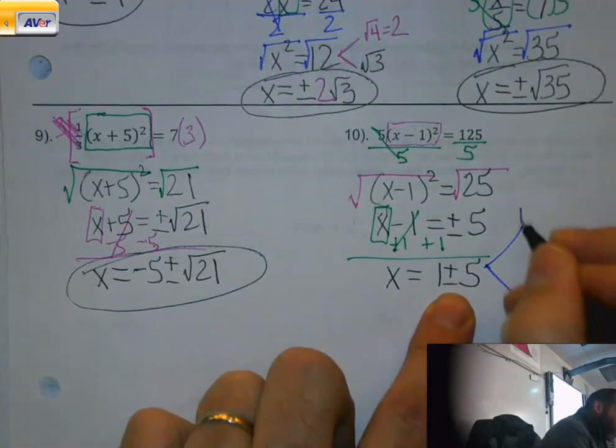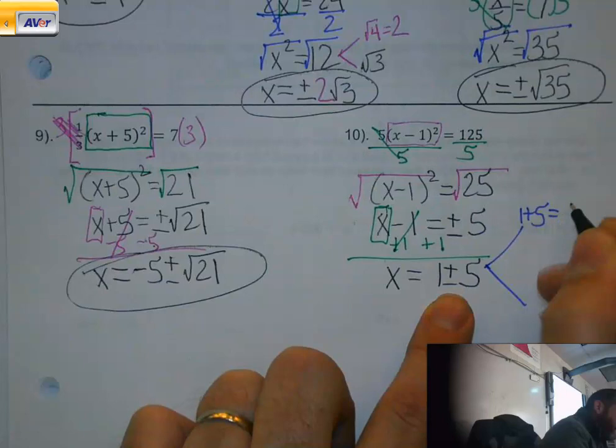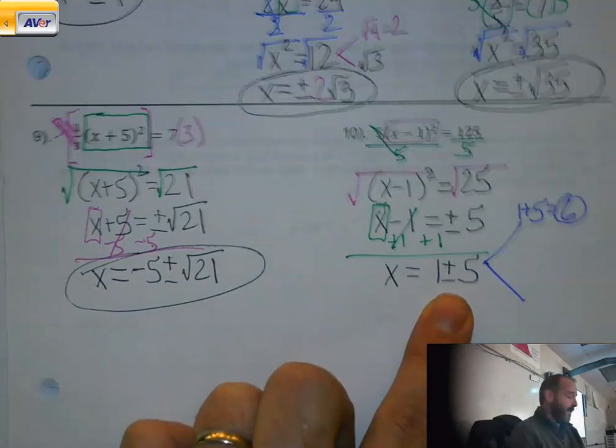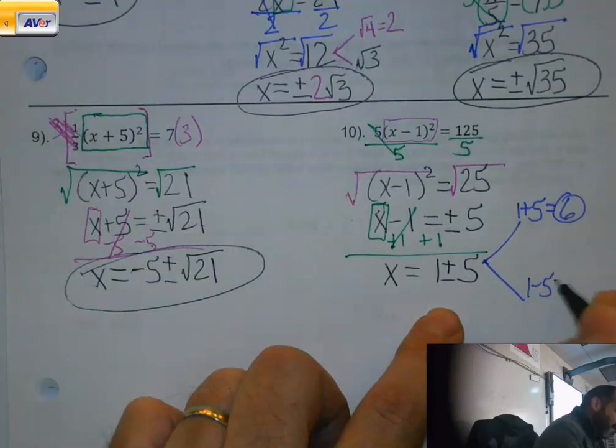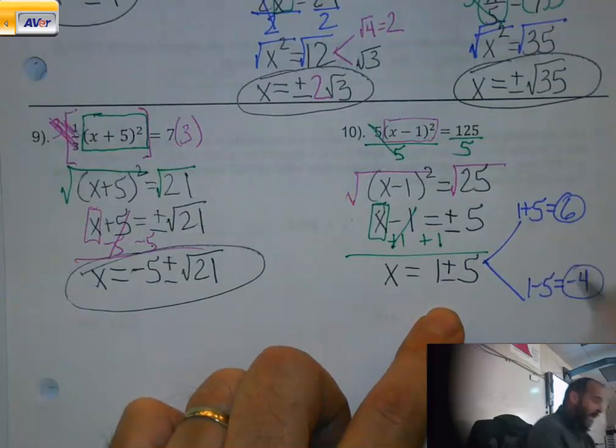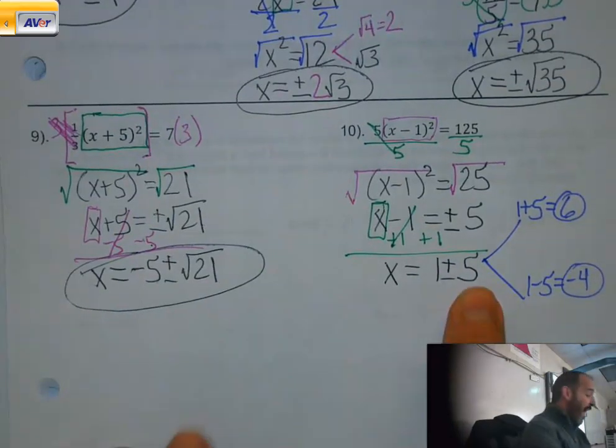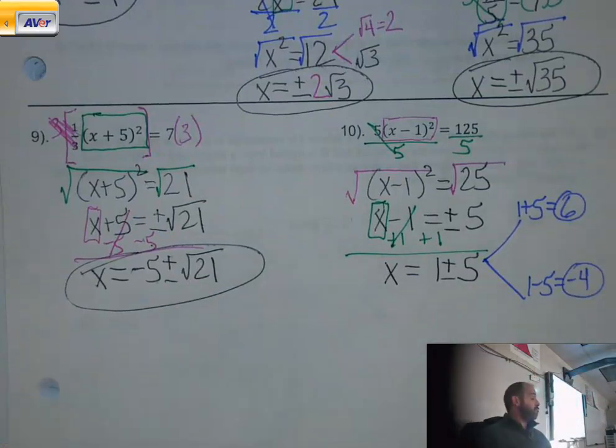I can do 1 plus 5, which is 6. I can get that done. And I can do 1 minus 5, which is negative 4. Because, again, there's no radical. If there's a radical, I can't do that. And that kind of covers this for what's going on as far as these.